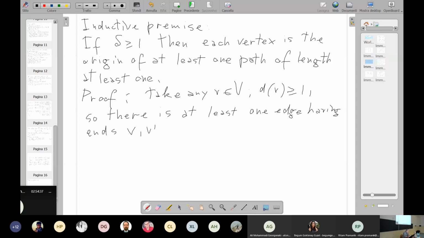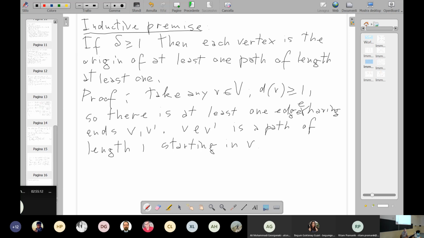It doesn't matter, okay? Then one edge E, sorry, V V prime is a path of length 1 starting in V. As I said, generally the inductive premise is very easy. Okay? So no problem for the inductive premise.